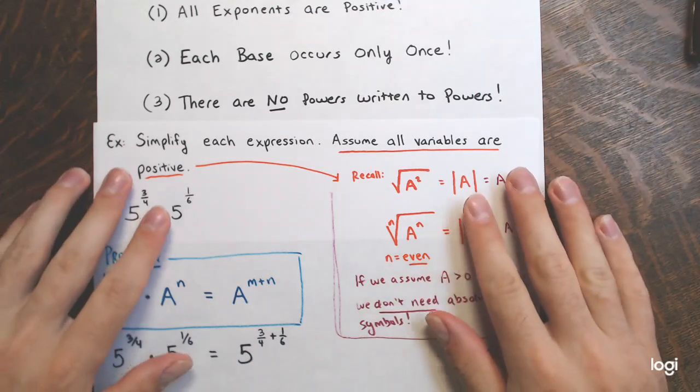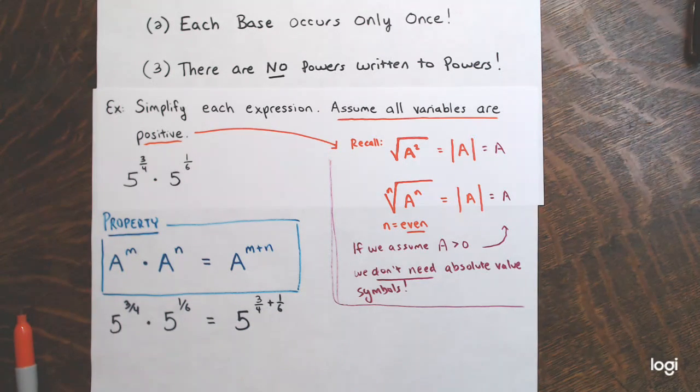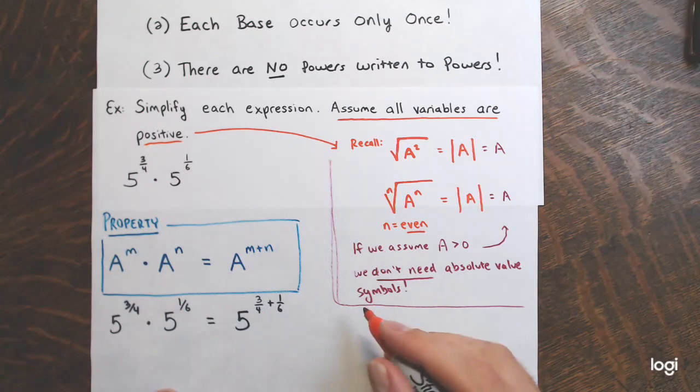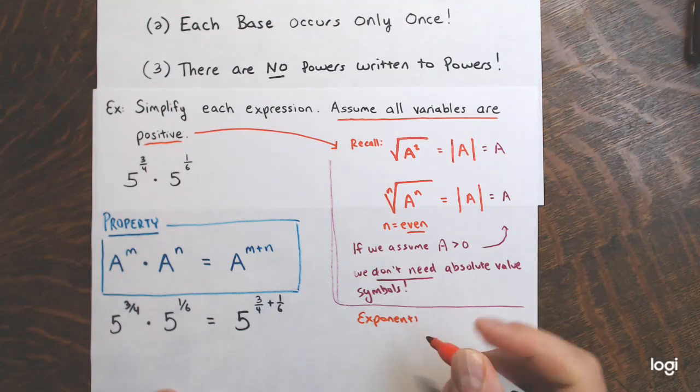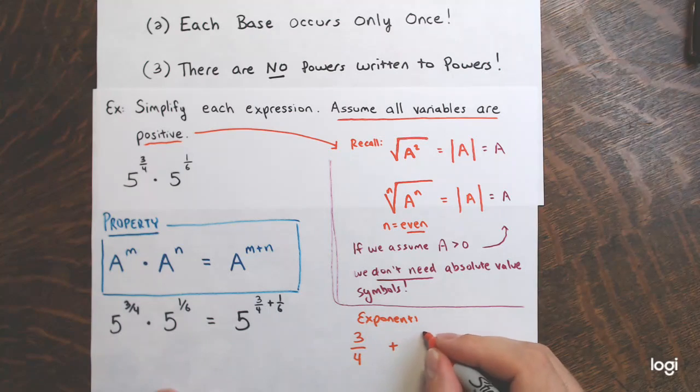Now, when we say simplify, it still applies to all the numbers we're used to adding and subtracting. Adding fractions, we can simplify those by putting them together. So off to the side here, let's look at that exponent: 3/4 plus 1/6.